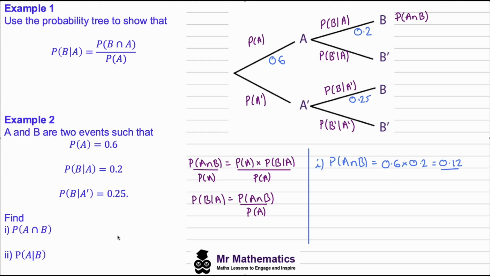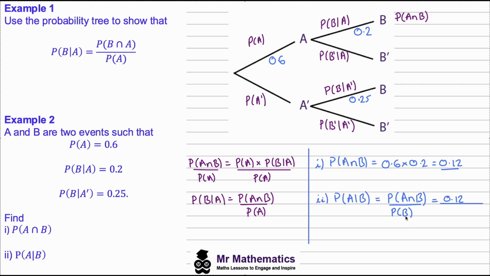And then for part 2, the probability of A given B. Well, from our formula, this will be the probability of A intersecting with B. What do you think this will be divided by? The probability of B, this second term. We've just worked out our numerator. This is 0.12.